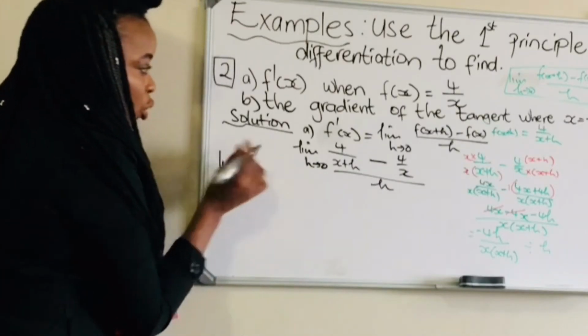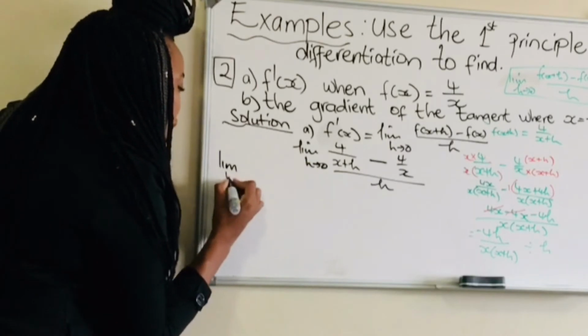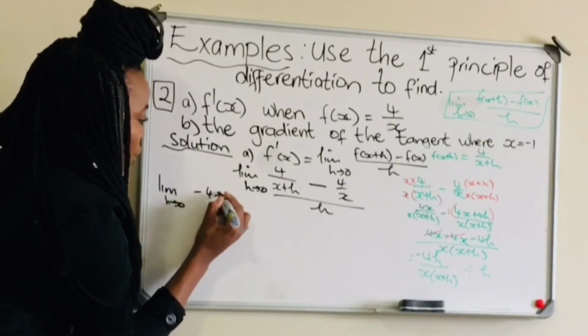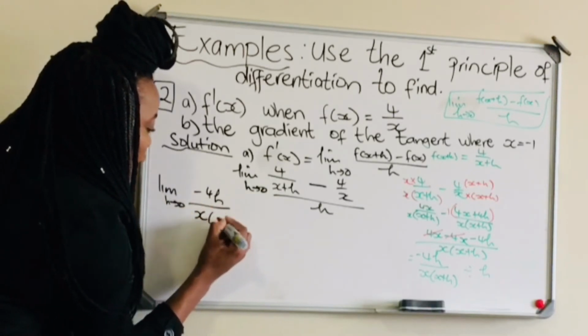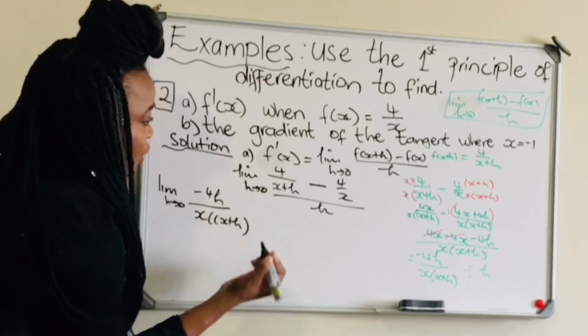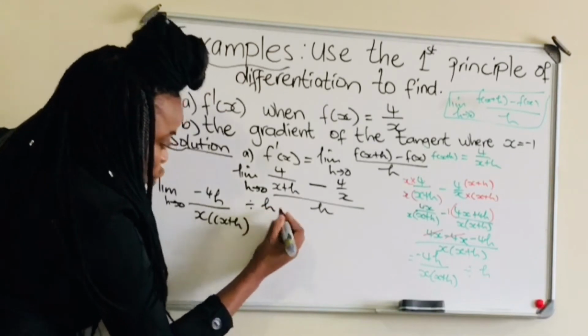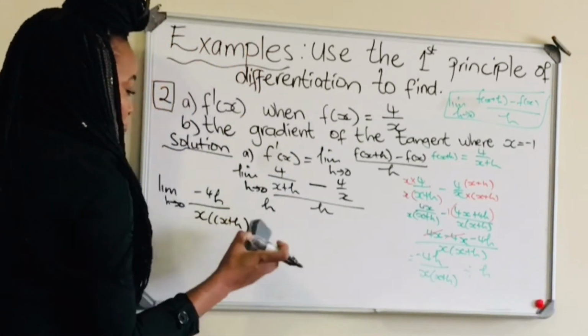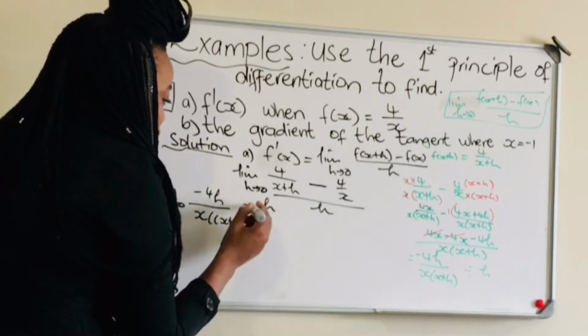the limit, I'm going to continue here just for some space, as h approaches 0, of negative 4h over x plus h divided by h, right? But we know that when we have this division, it's like saying divided by h over 1.